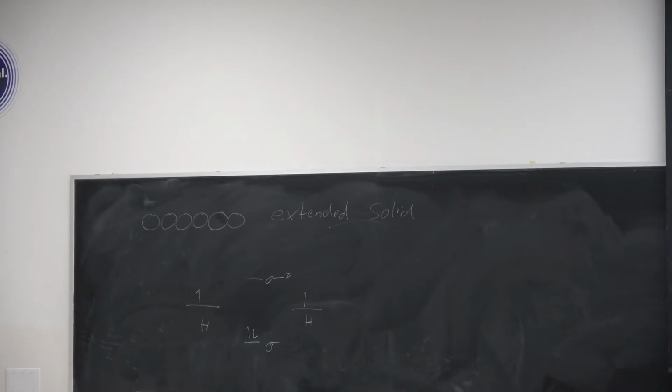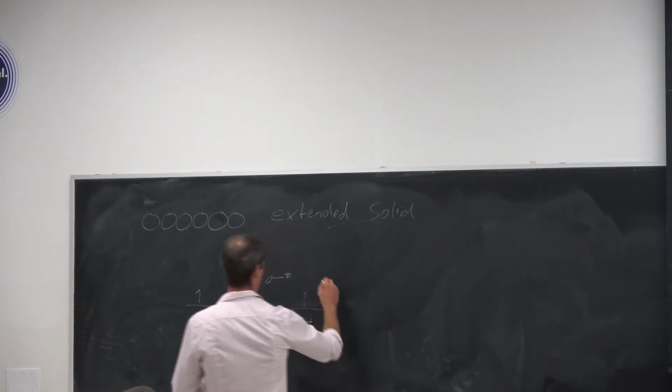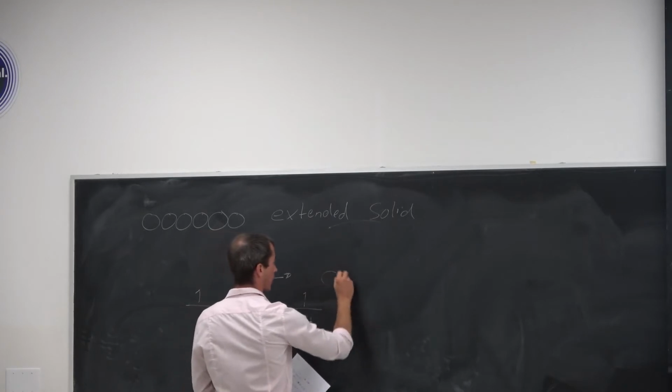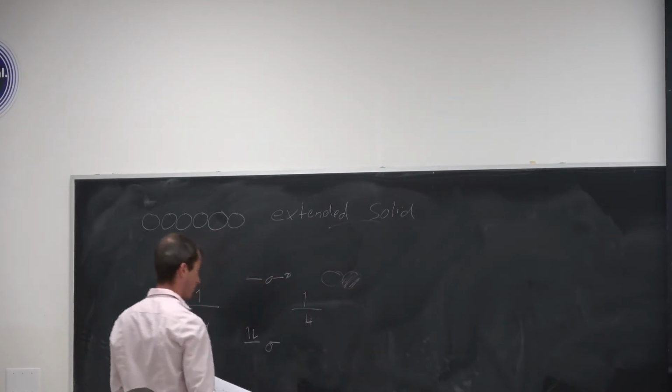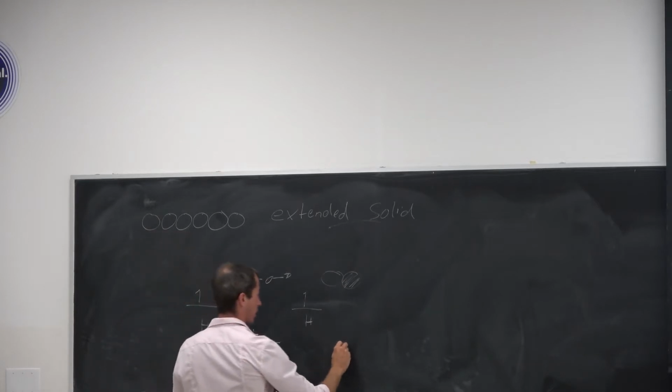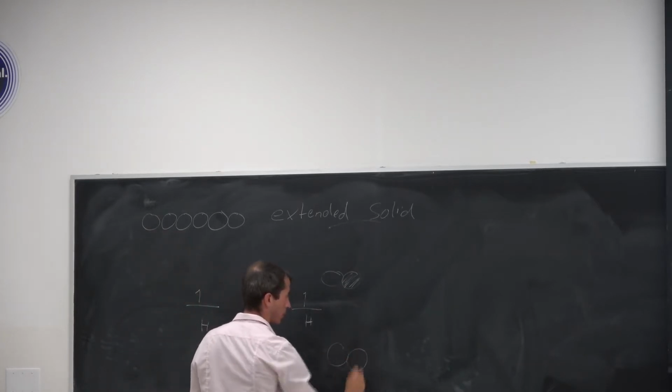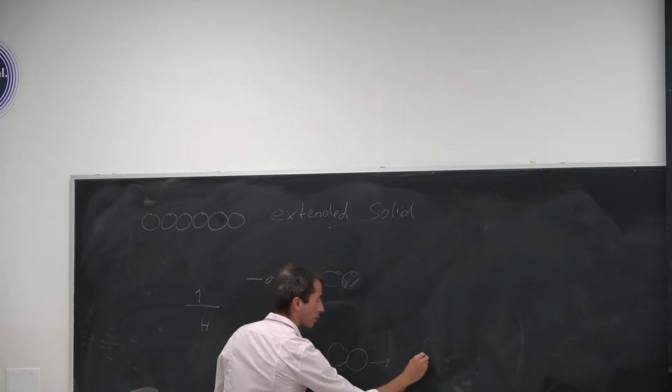So in this situation, this is when the nodes are out of phase, and in this situation is when they're in phase, and so we get something like that.